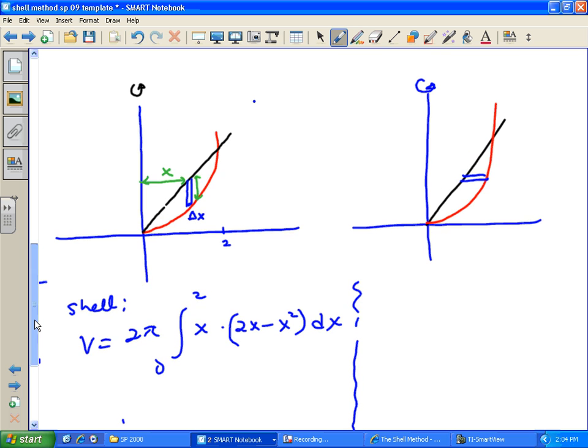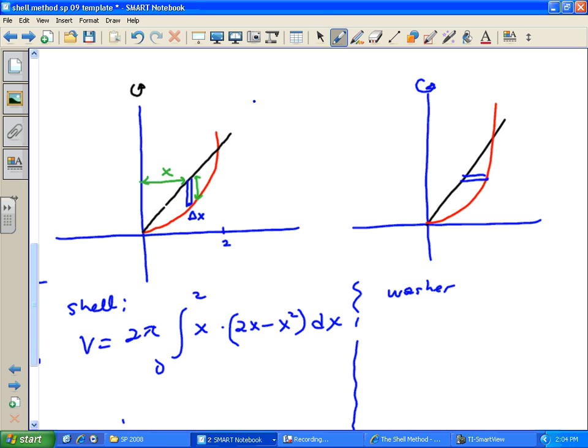Your rectangle is perpendicular to the axis of rotation, correct? So which method should we be using? Washer, because there's clearly going to be a hole in the region. You choose between disk and washer. In this case, it should be the washer method.